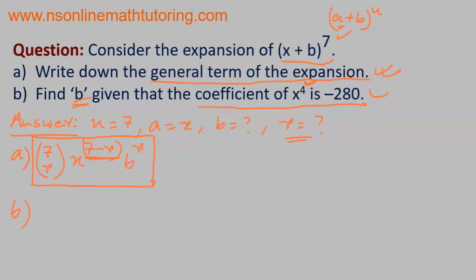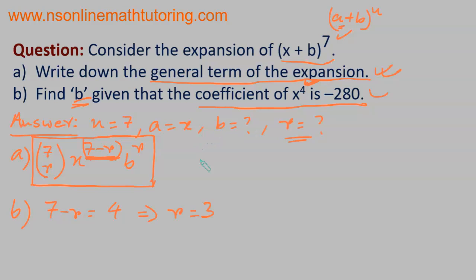You have to get this expression, which is the power of x, and equate it to the power that is given. So we will be equating 7 minus r to 4 to get the value of r. 7 minus r is equal to 4, therefore r is equal to 7 minus 4, which is equal to 3.